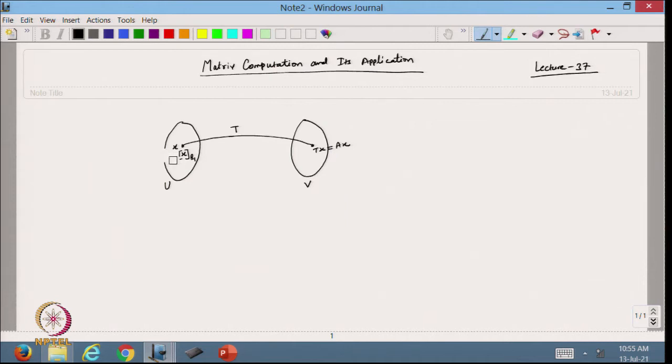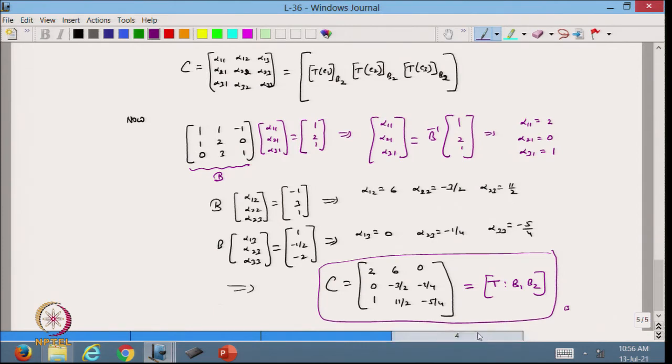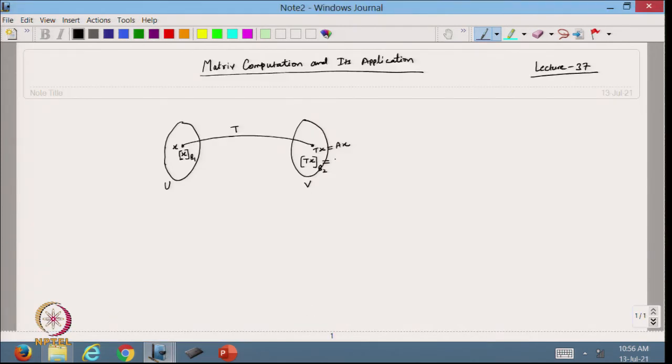Whatever coordinates come from here, I am going to get Tx, which is in V. I write the coordinates of this with respect to basis B2, and then we are able to write the matrix. This matrix is my C matrix. So this will be equal to C times x of B1.